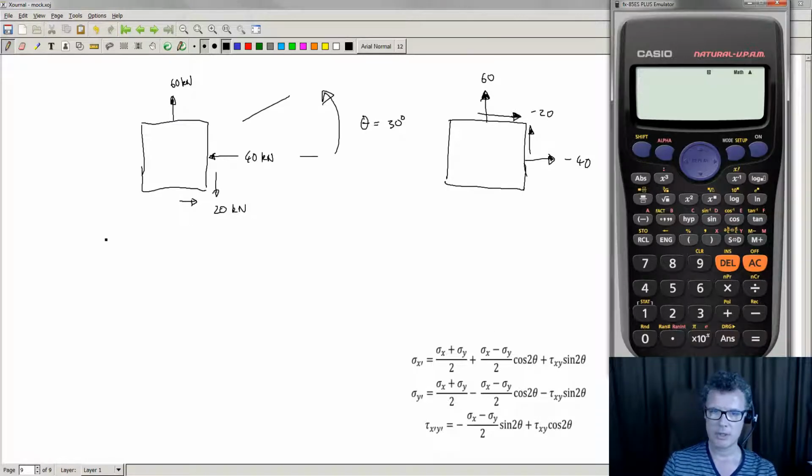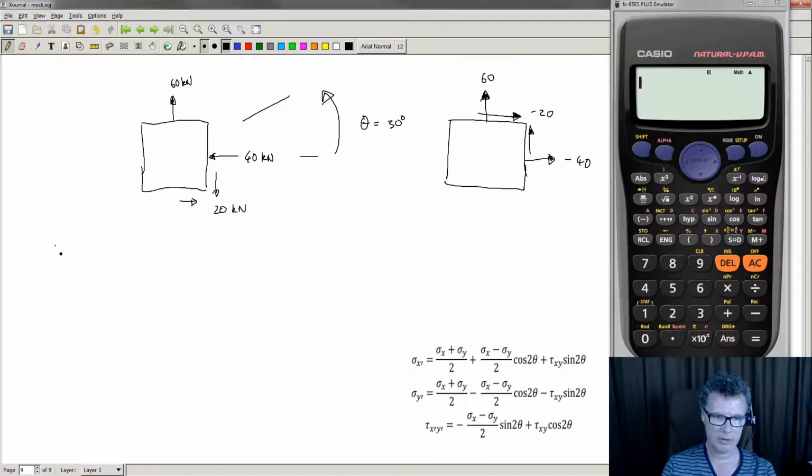Okay, so the new x component will be minus 40 plus 60 divided by 2, plus minus 40 minus 60 divided by 2 cos 60. 2 times 30 is 60.